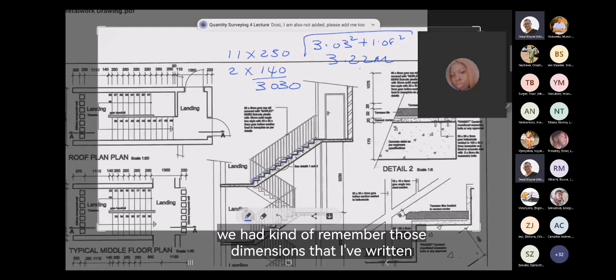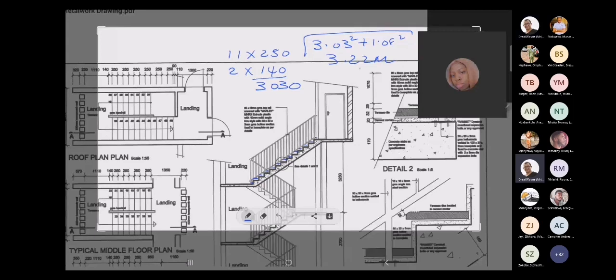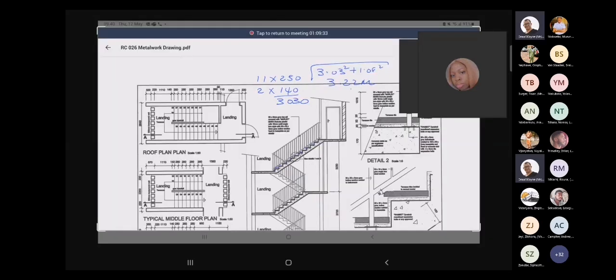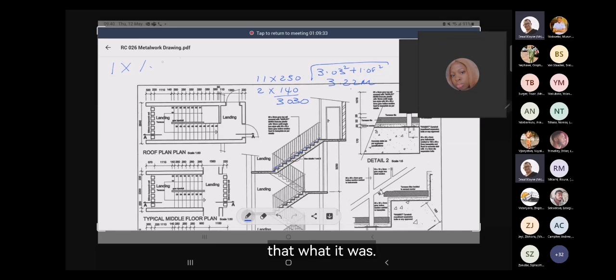I cannot remember those dimensions that I've written down, but we'll have one of the long rail that goes at the top. So now we have, I'm not sure, we said we had one that was, I think was 1.75, I can't remember what it was.